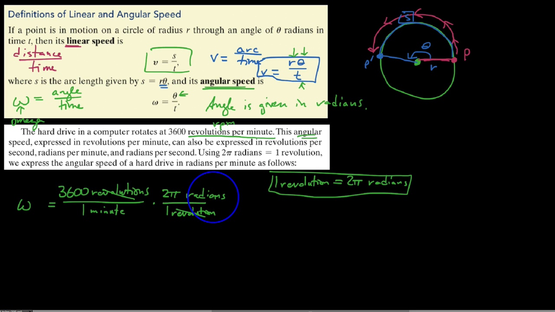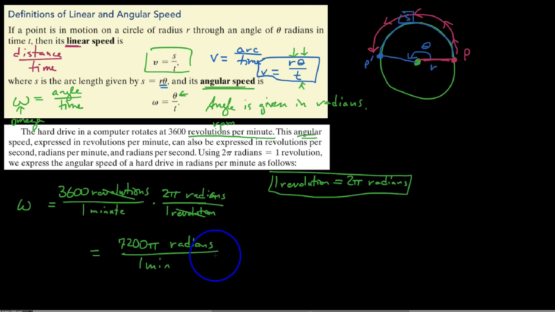And so converting this, essentially, we've already done that. We would say that we already end up in radians per minute, and what we get is 2 pi times 3600 over 1 minute times 1. So we say 2 pi times 3600 is 7200 pi, and we had this top unit in radians, and our bottom unit here is just 1 minute.